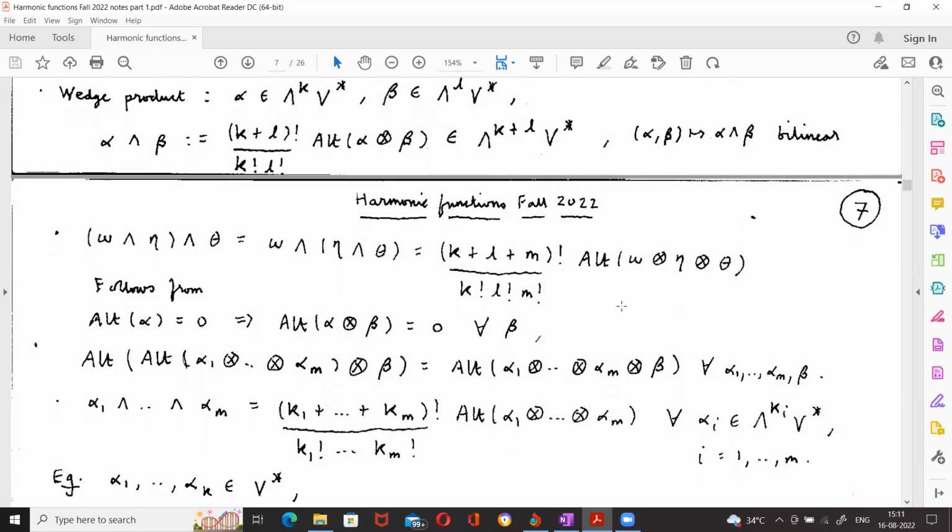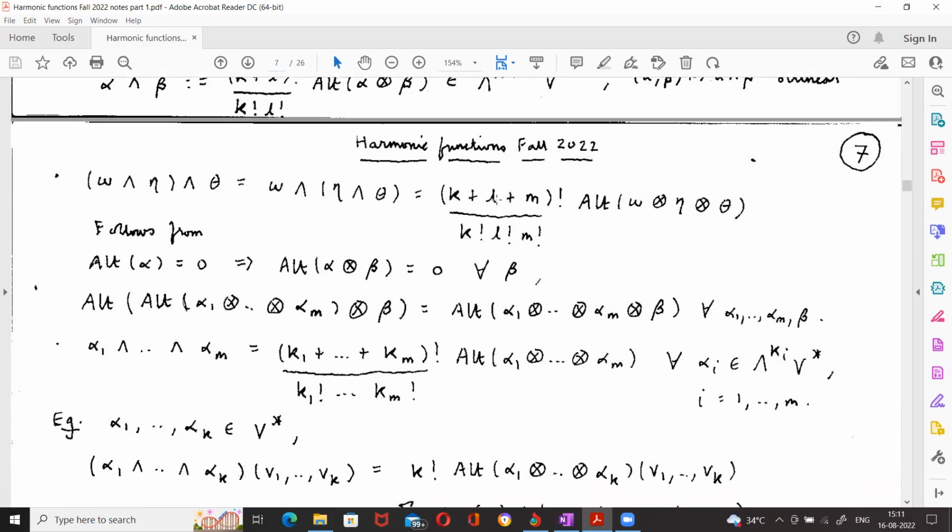So now once we have this formula, by induction, I can write down a formula for the wedge product of m forms, say alpha 1 to alpha m. It is going to be the following.